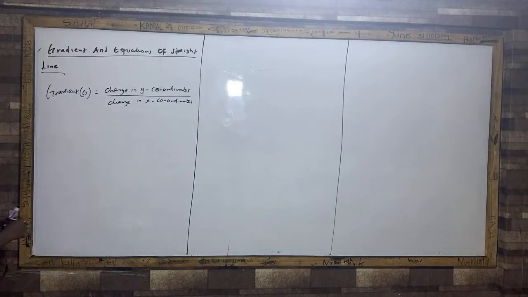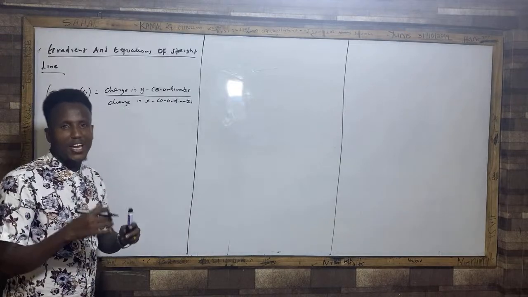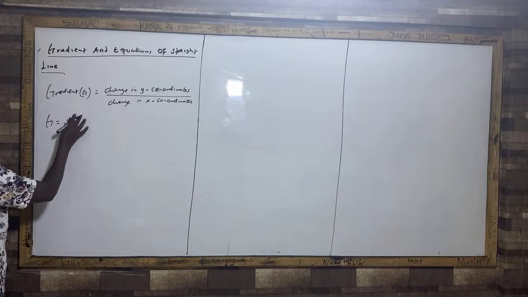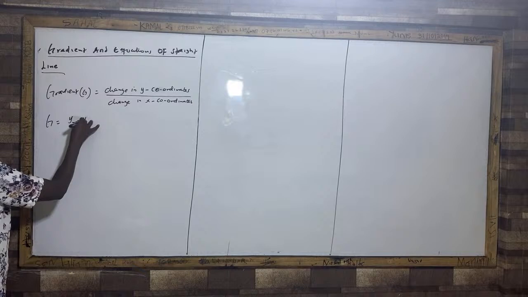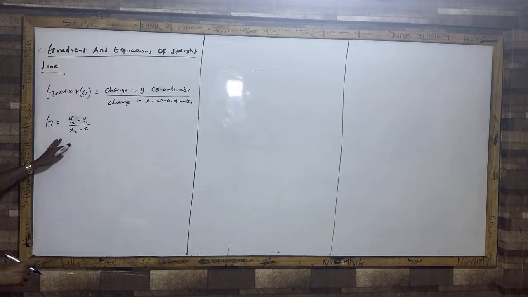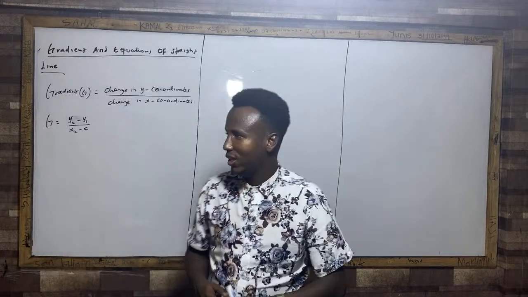Look at this. This seems to be very complex, so I will simplify it for you, okay? We can say gradient is equal to y2 minus y1 divided by x2 minus x1. I will explain what this y2, y1, x2 and x1 are, okay?